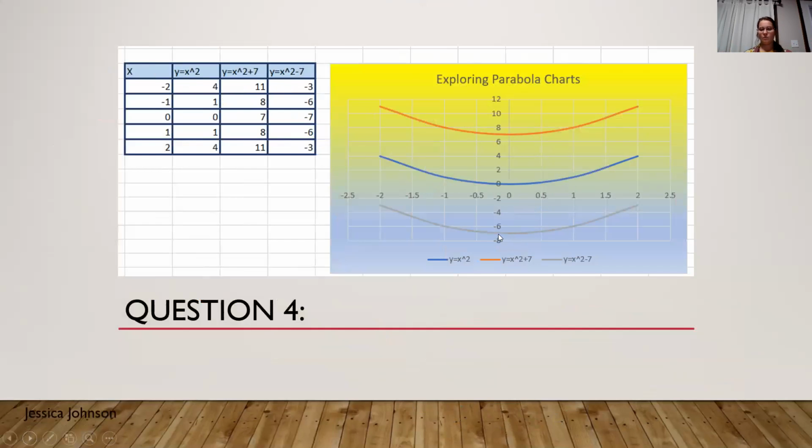So y equals x squared plus 7 is (0, 7), then y equals x squared is going to be (0, 0). And then y equals x squared minus 7 is going to be (0, -7). And we can compare our information with the chart on the left to the graph on the right.